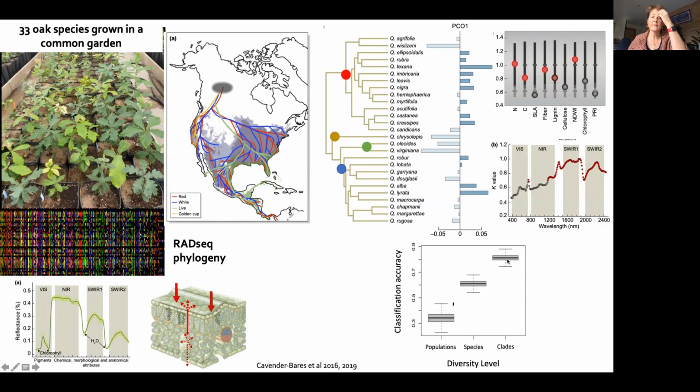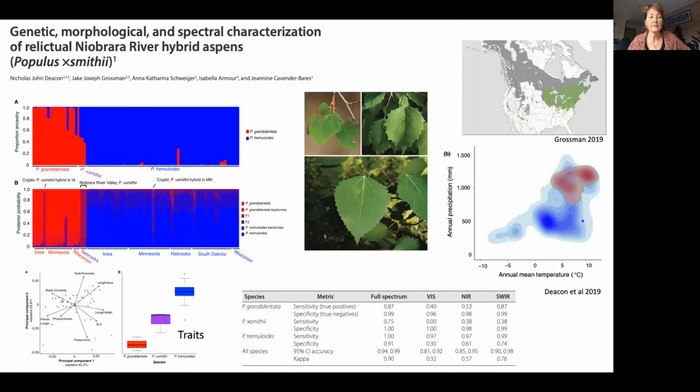And all of these could be significantly differentiated, detected from spectra, but our highest accuracy was differentiating phylogenetic lineages from each other, which is quite interesting. And I'll come back to that shortly.